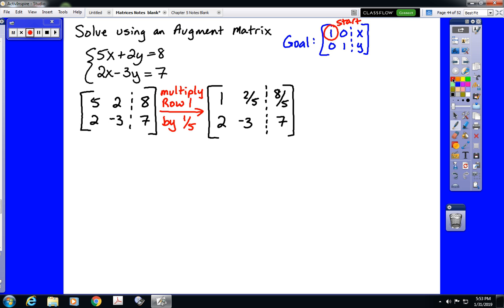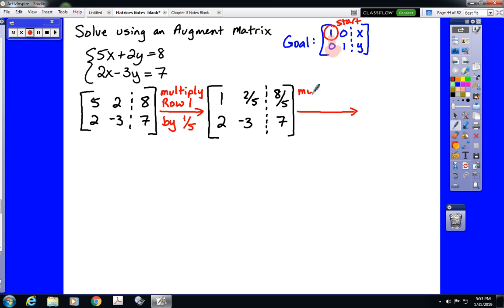Now, after we have the 1 in the first column, we need to get everything else in that column to be a 0. So next we're going to move down and turn everything else into a 0. And the way we're going to do that is we're going to use a combo move.